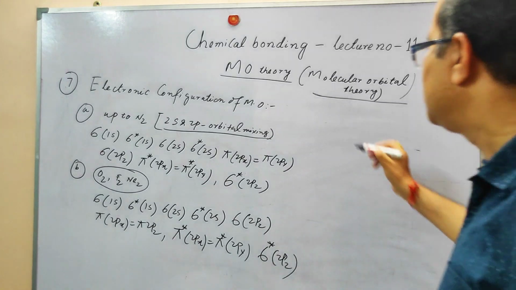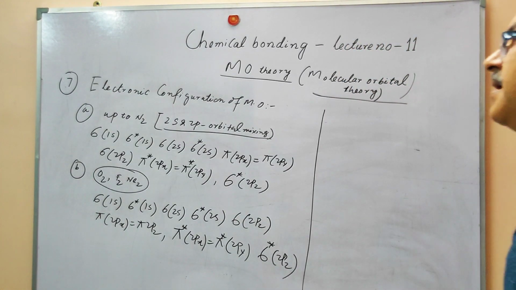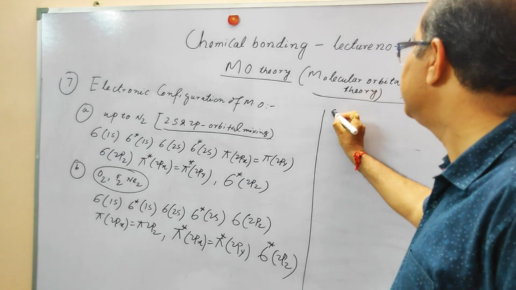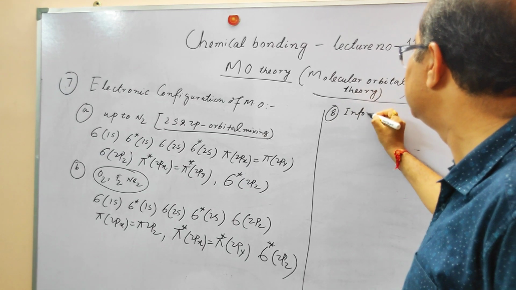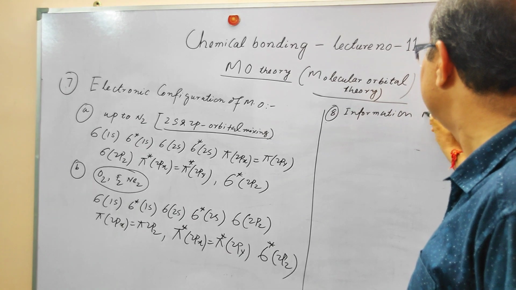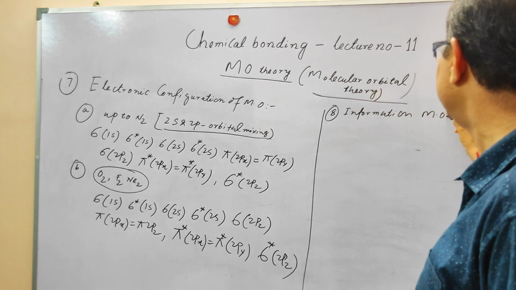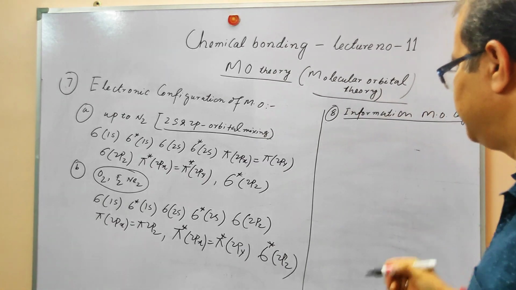This is a very important thing to understand. It is very simple. Now, we get information from the molecular orbital configuration. What information do we get?